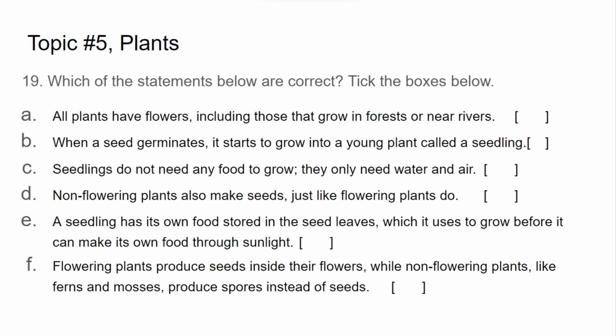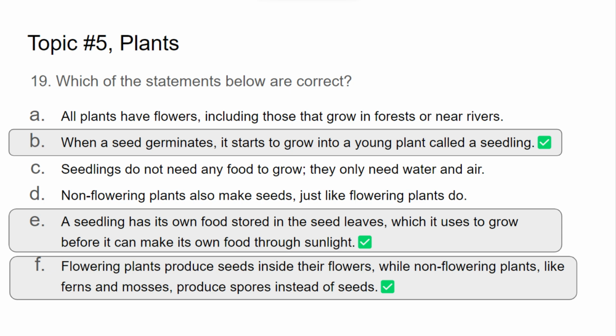Non-flowering plants also make seeds, just like flowering plants do. A seedling has its own food stored in the seed leaves, which it uses to grow before it can make its own food through sunlight. Flowering plants produce seeds inside their flowers, while non-flowering plants, like ferns and mosses, produce spores instead of seeds.